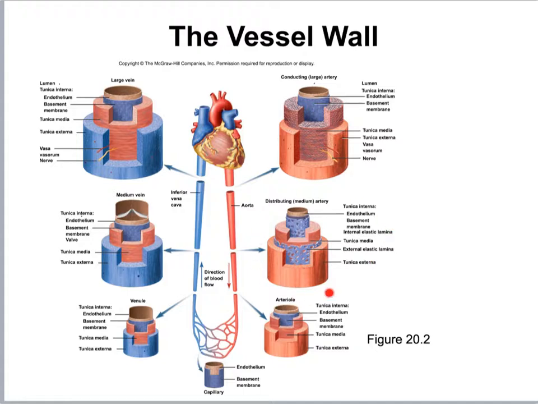Medium arteries are called distributing arteries. These are kind of your main highways, like not your super freeways, but these are your state highways sort of things. They branch off of the conducting arteries.